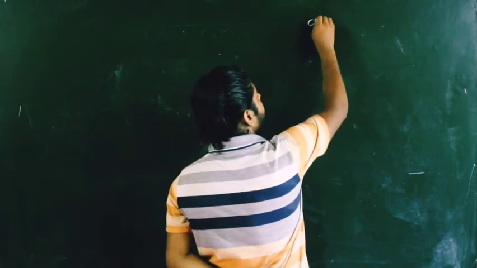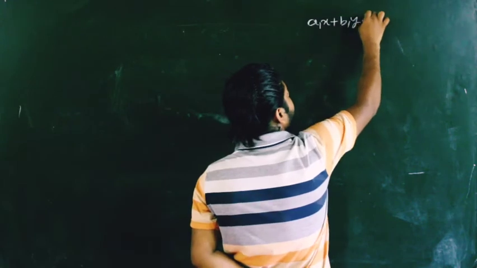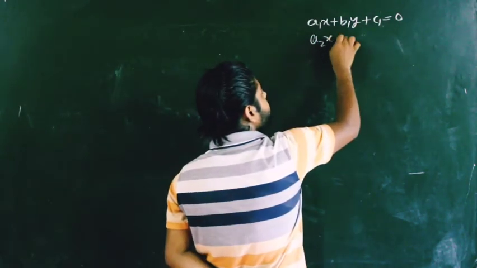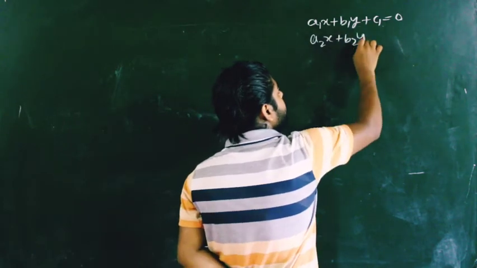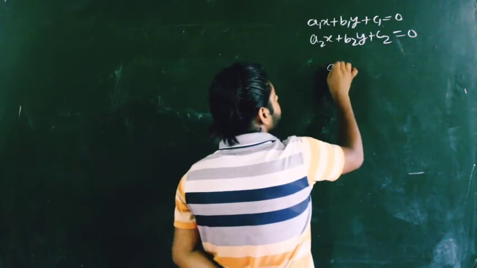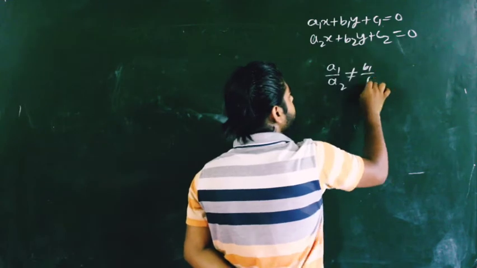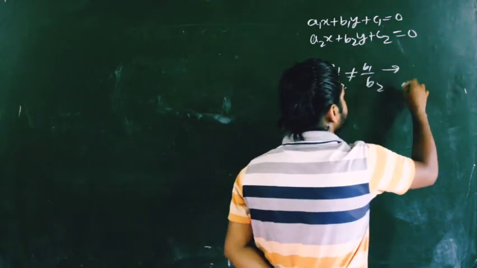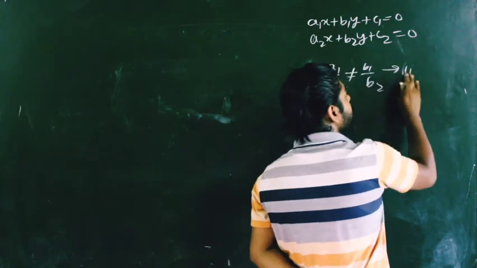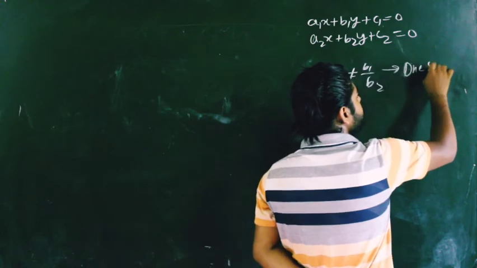So you have a1 x plus b1 y plus c1 equal to 0, a2 x plus b2 y plus c2 equal to 0. The first case was a1 by a2 is not equal to b1 by b2. So for this we will have intersecting line. So you can say one solution, intersecting, one solution.